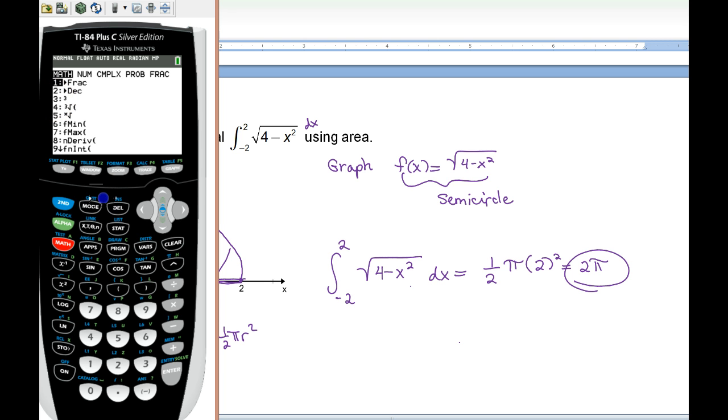So if you hit number 9, and you basically just put in the function, then -2 and 2. Just use your arrows. Okay, -2 to 2.